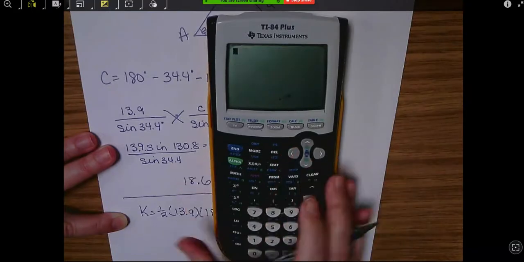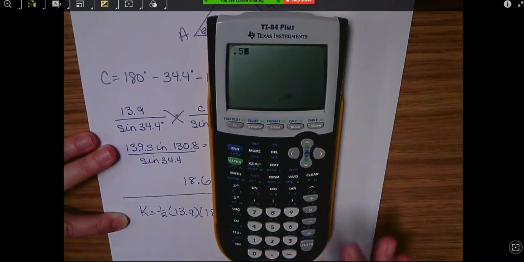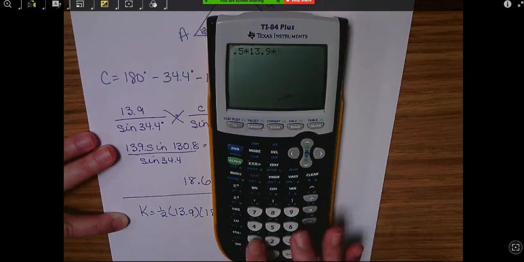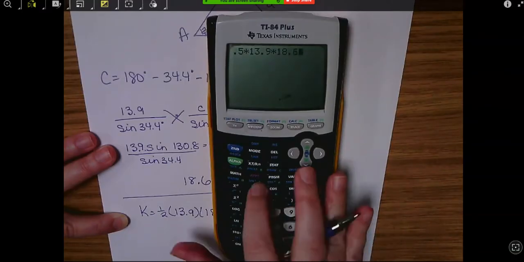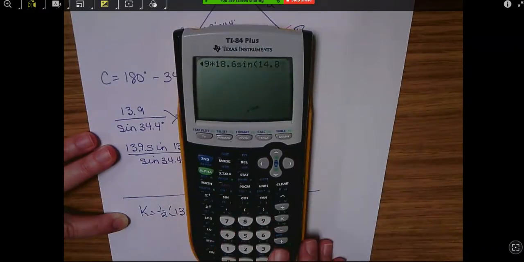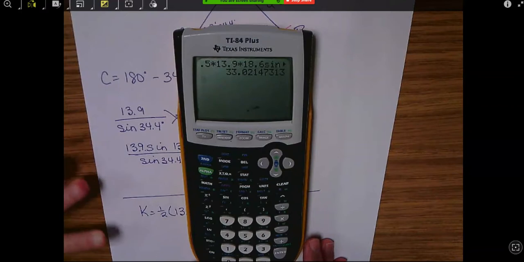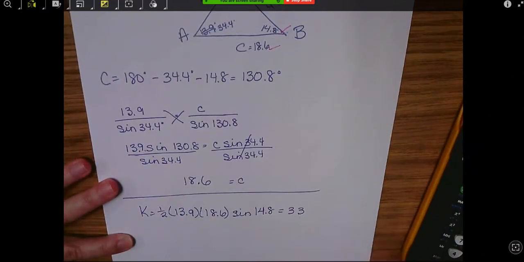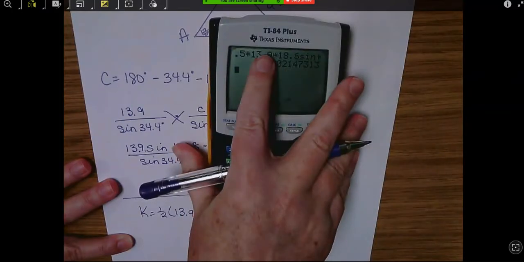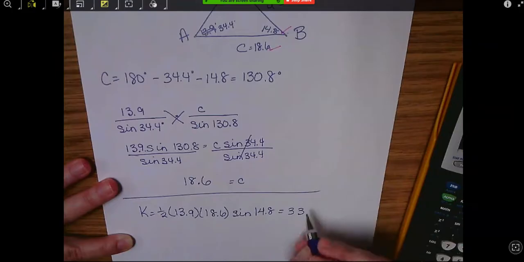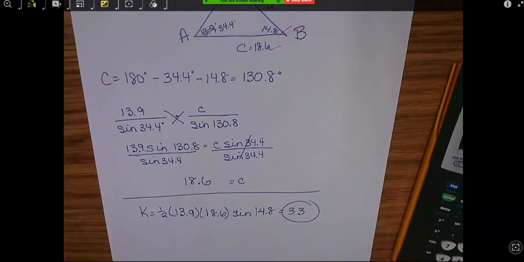Clear, clear, clear. 0.5 times 13.9 times 18.6 sine 14.8. Enter. And the answer is, we'll call that 33. And there's your answer. I hope this has helped you.